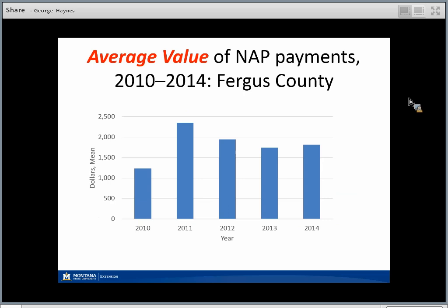With average values, this is average per farm, in 2014 only about $1,700, $1,800. Again, this is not very good sales data when you're going out trying to talk to somebody into signing up for this, but it doesn't take too much effort. You can sign up for 1 acre or 1,000 acres of a particular thing that's going on in your operation. It's still going to cost you $250. So a pretty good way to get a little bit of disaster insurance.